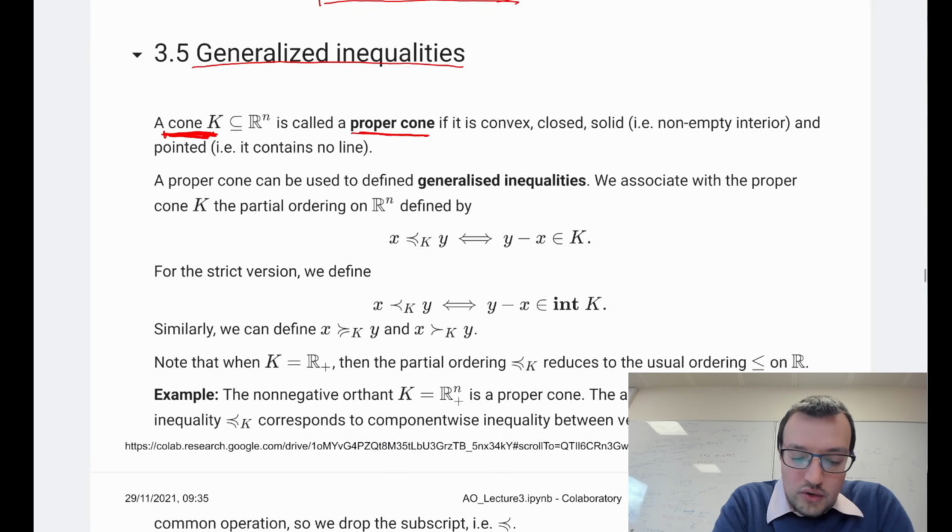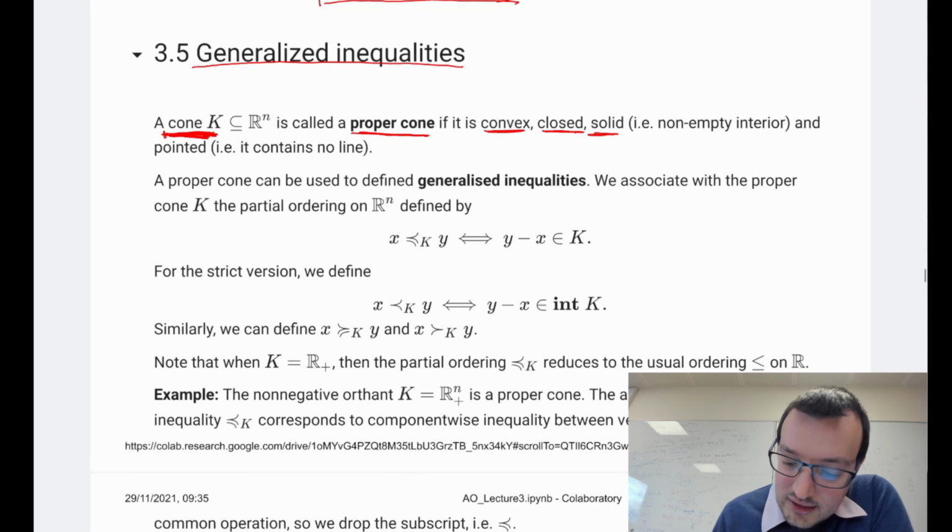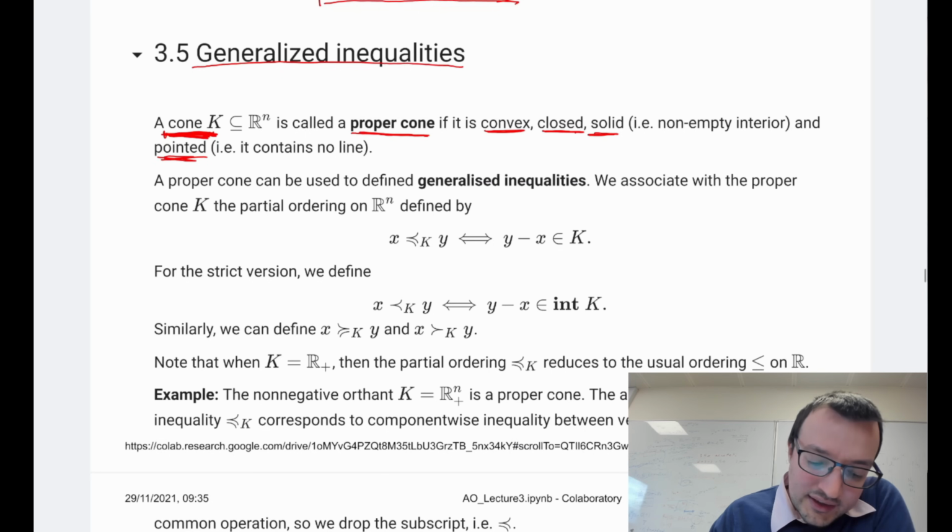A cone K is a proper cone if it is convex, it's closed, so that means that it contains its boundary, it's solid, that means that it has a non-empty interior, and then it's pointed. Pointed means that it contains no line. So what does it mean? Essentially it means that it has a tip.